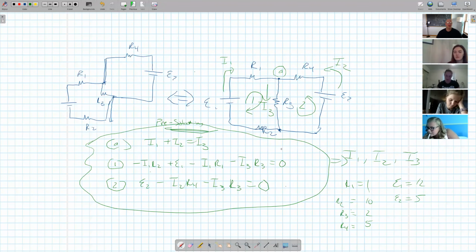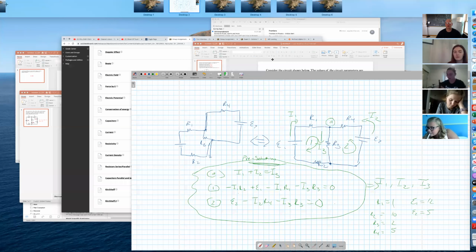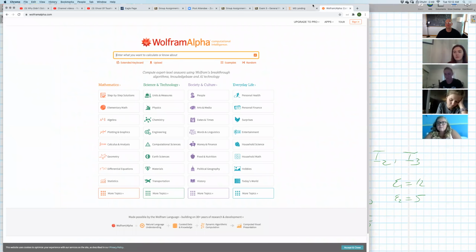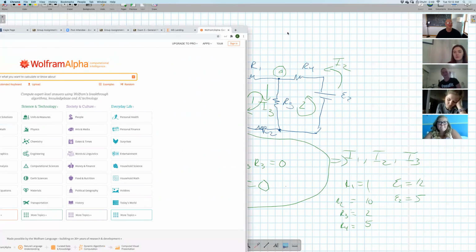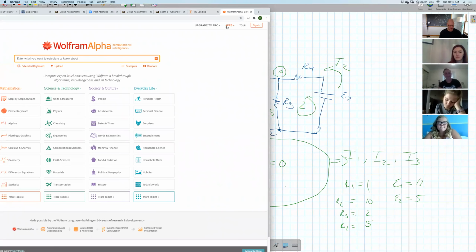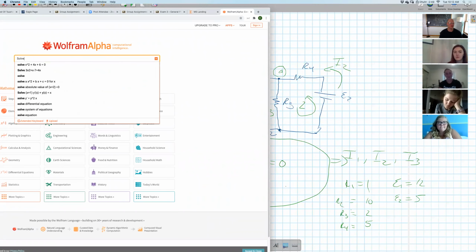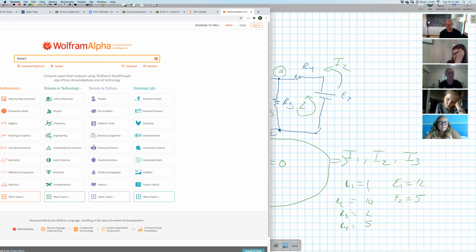Well, I might as well show you how to use Alpha then, since we're already here. What you're going to do is type in Solve with a capital S, square bracket, curly bracket, and then you start inputting all of your equations.